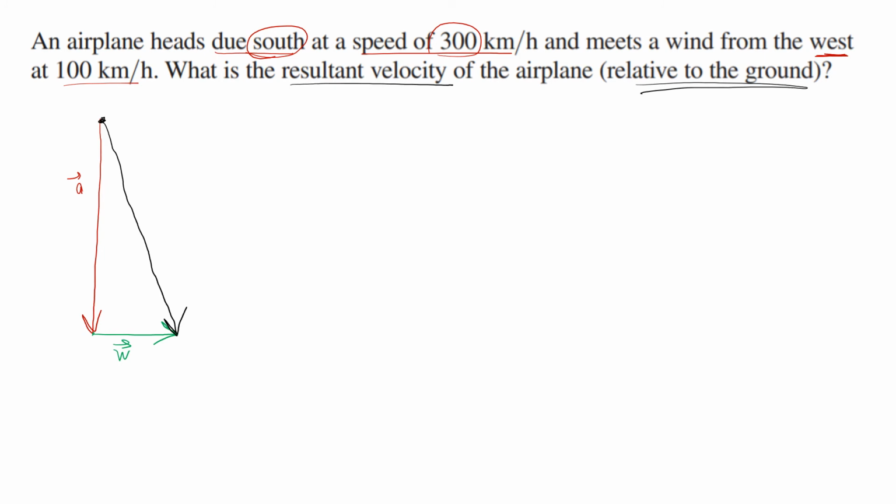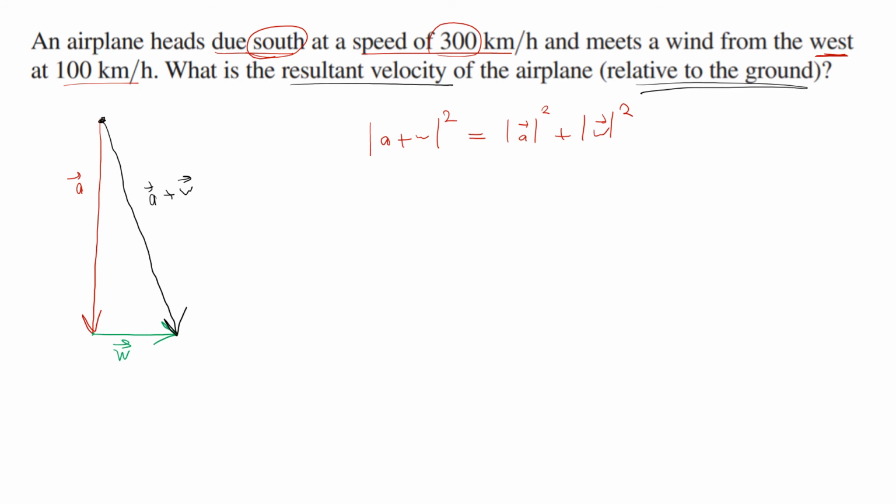You can think of wind being a component, right? And what I need to find is what is this right over here? What is my resultant velocity? So I can just say A plus W. That's what I'm trying to find. I can just use the Pythagorean theorem for this one. So the magnitude of A plus W squared will equal the magnitude of A squared plus the magnitude of the wind squared.